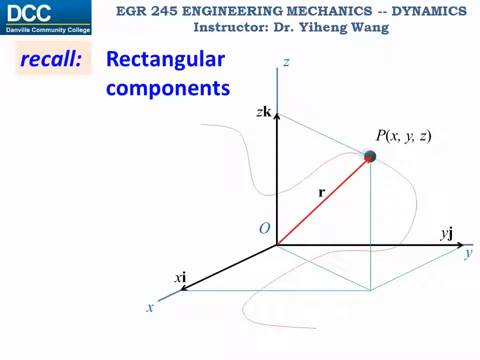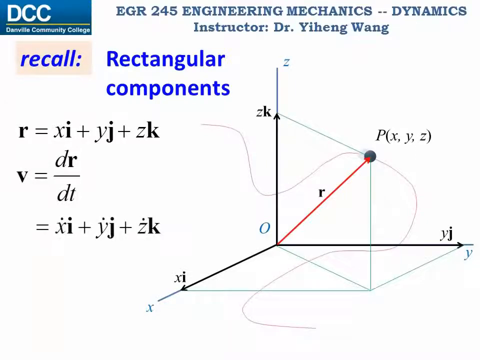So, as a review, we have already learned about curvilinear motion represented in the three-dimensional rectangular coordinate system. The position of the particle is written in Cartesian vector form as x i plus y j plus z k. Its velocity is dr/dt, which is x dot i plus y dot j plus z dot k. x dot, y dot, z dot are the time derivatives of x, y, and z.